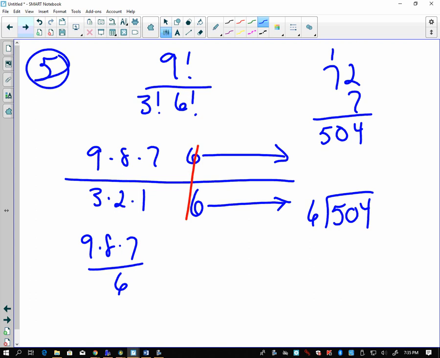Well, 6 won't go into 5, but it'll go into 50. It should go into it 8 times. It's 48. 2 left over, 4. 6 times 4 is 24. I should get 84. Let's double check that answer. 84 for 5 is my answer. Okay, all without a calculator.